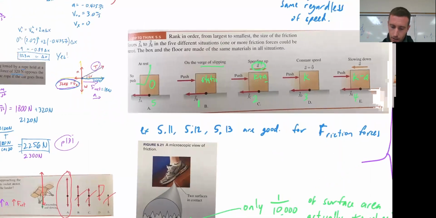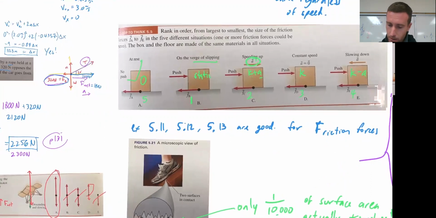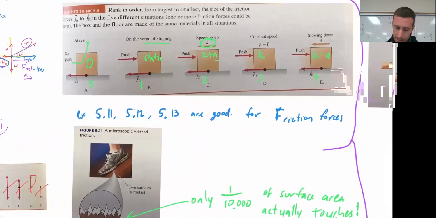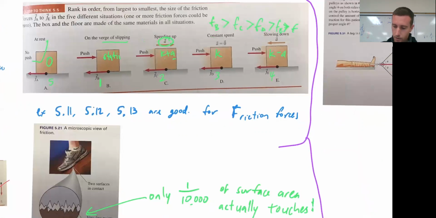So I think that is going to be my answer. So I guess that means, if I put it in order, F sub B is greater than F sub C, is greater than F sub D, is greater than F sub E, is greater than F sub A, which is equal to 0.